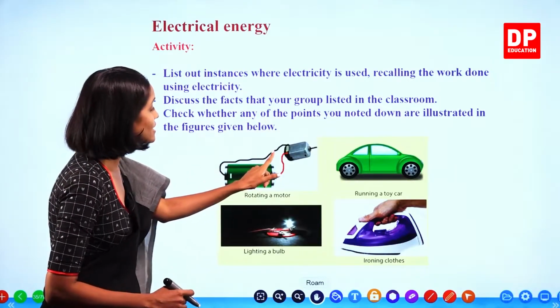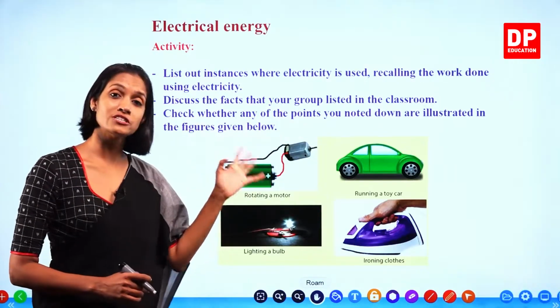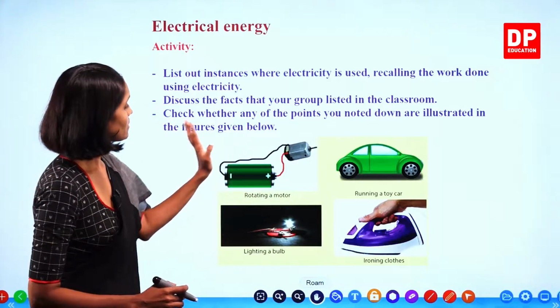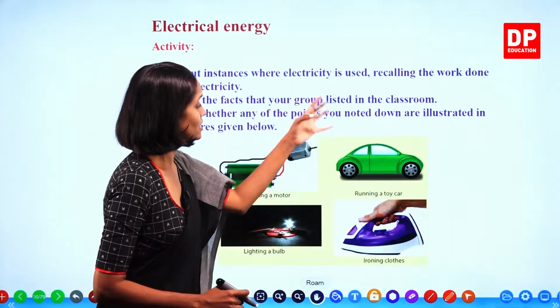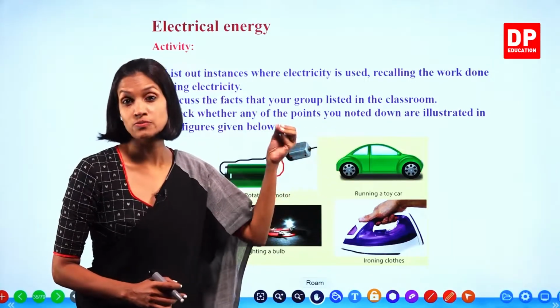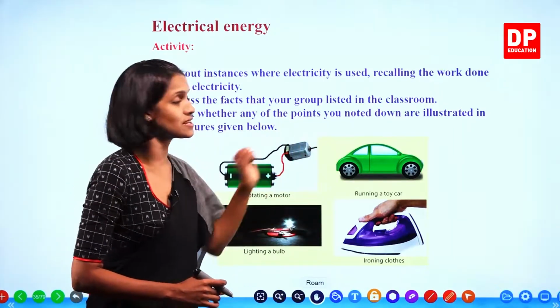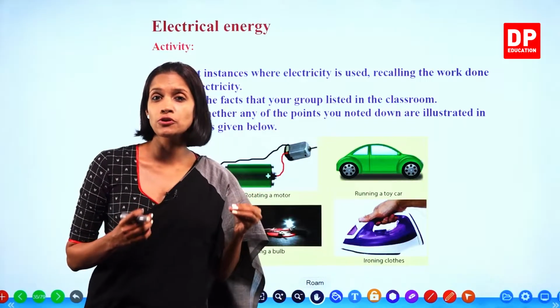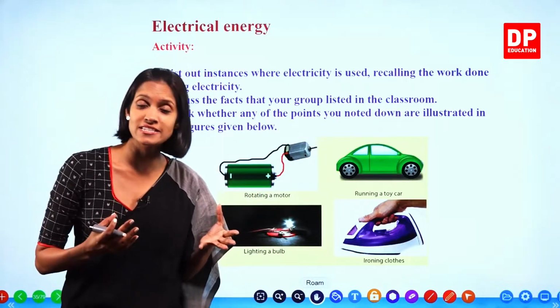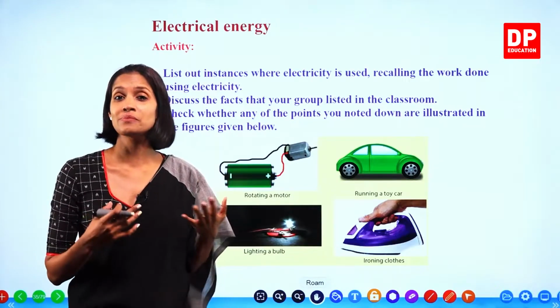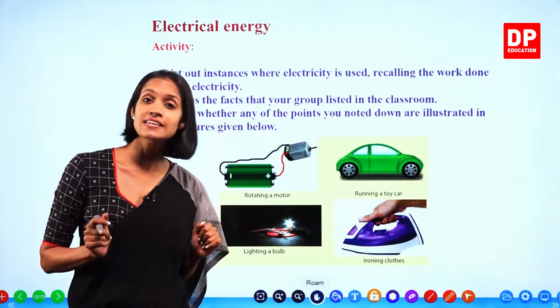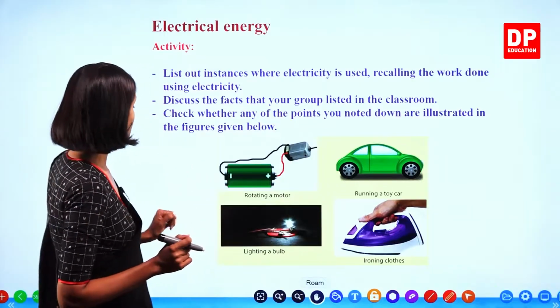So when we supply electricity, the axis of the motor starts to rotate, okay? So running a toy car. Toy cars also work with, most of the time we use small dry cells to make these type of cars work. You all know that dry cells have chemicals inside, and because of the chemical reactions, electricity is generated, okay?